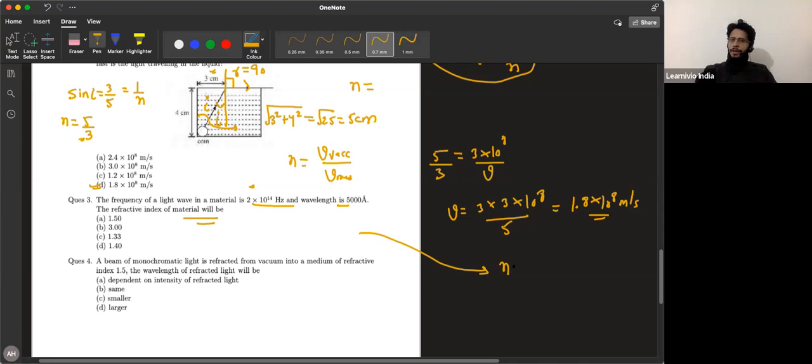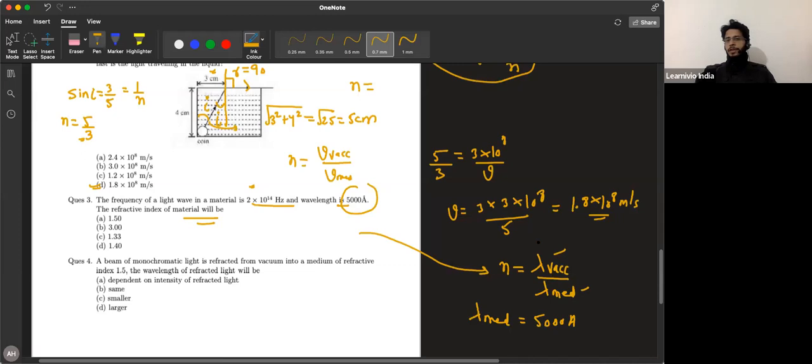You can write the refractive index of a medium as the wavelength of light in vacuum divided by the wavelength of light in medium. The wavelength of light in medium is given, it's 5000 angstrom.